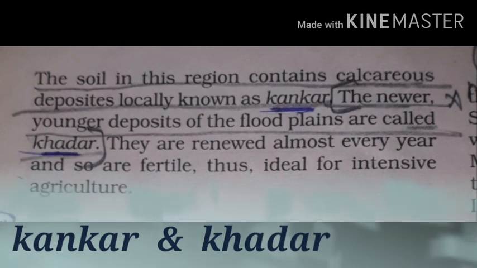The second part is that the increase in population increases the pollution level in this plain region. That's why, in one way, the northern plain is a very fertile land, but on the other hand it is very polluted and very populated.